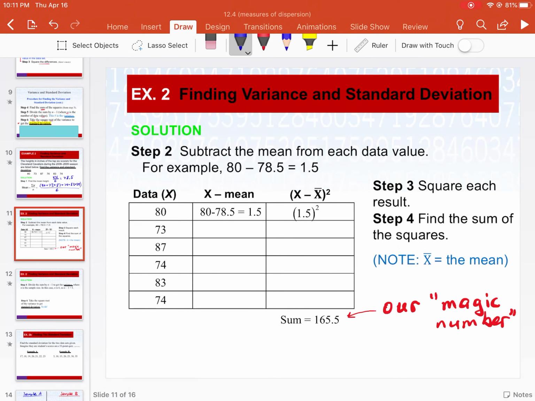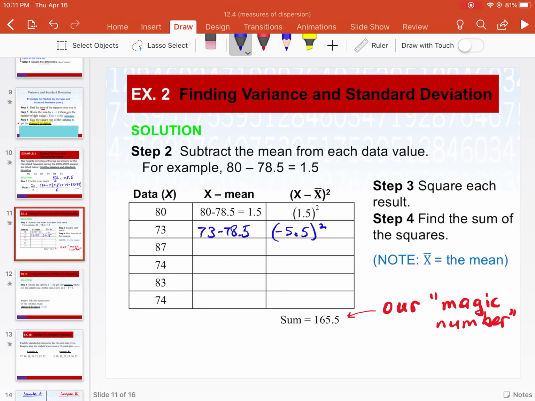Okay, so 73 minus 78.5, and I still can barely fit that in. 73 minus 78.5, and that's negative 5.5. Now, that doesn't really matter that it's negative, because you're going to square it. And that's the key of squaring it, okay?